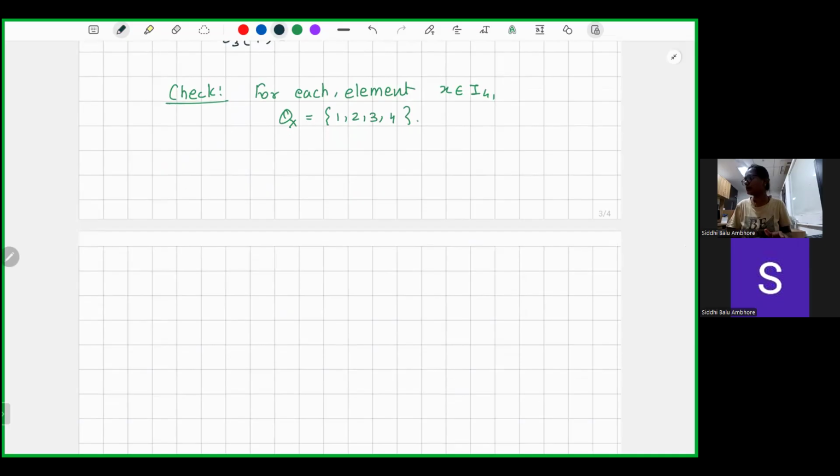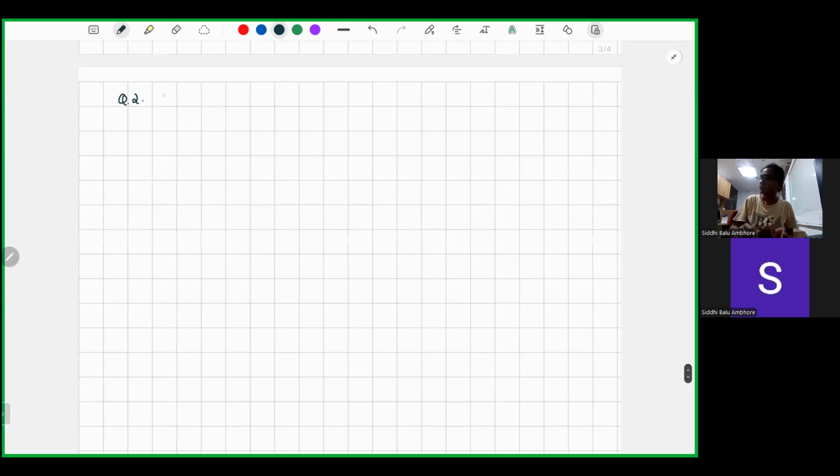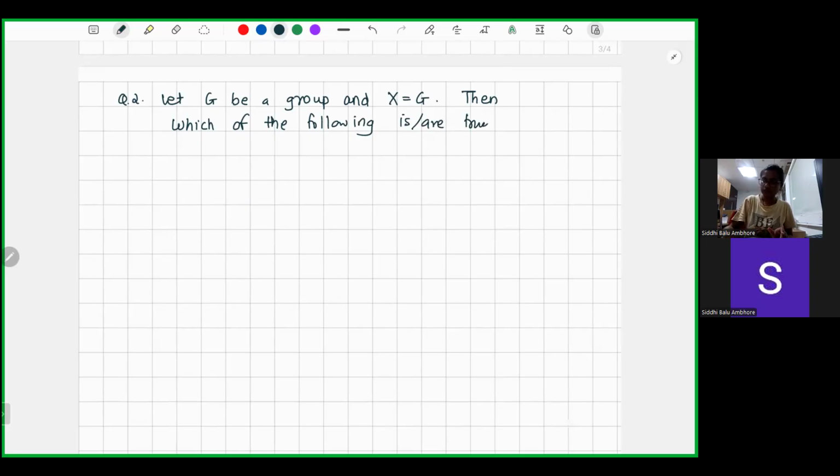And we will now go to the next question, question 2. Let G be a group and my X is again G. So G is again acting on G. So my X is the set G. Then which of the following is/are true?